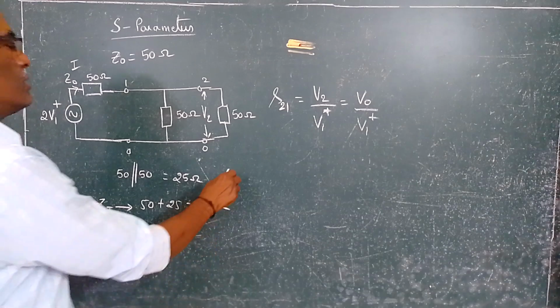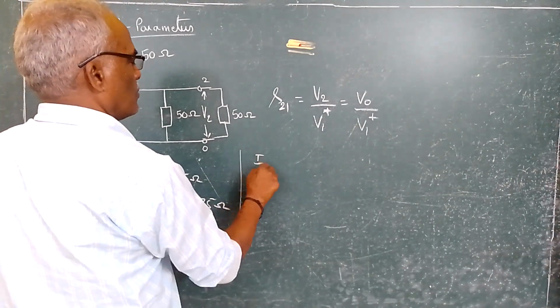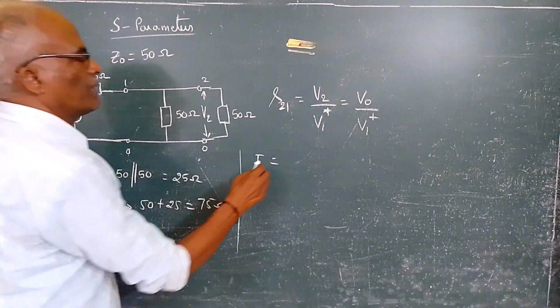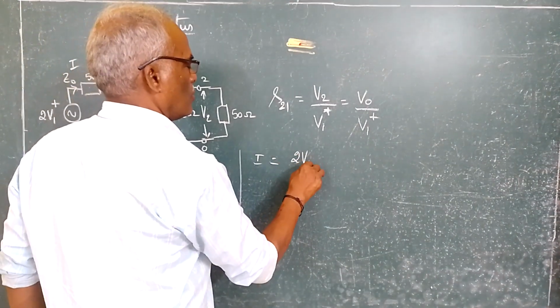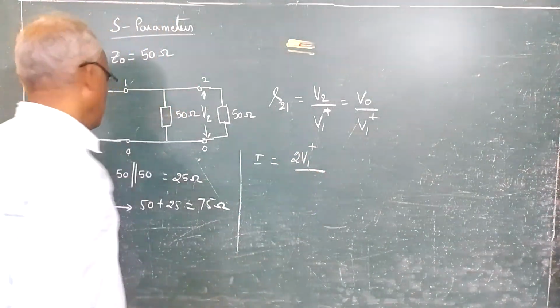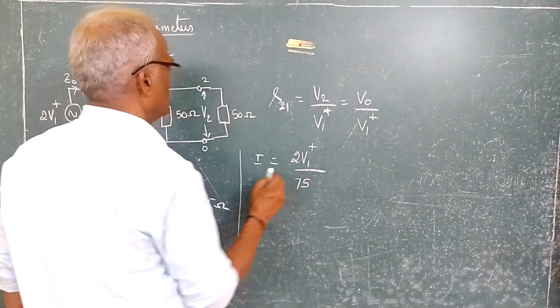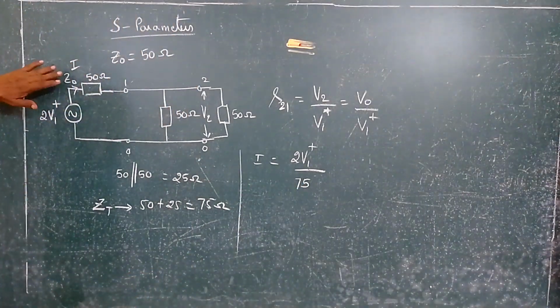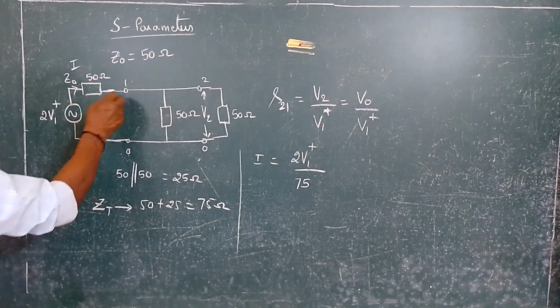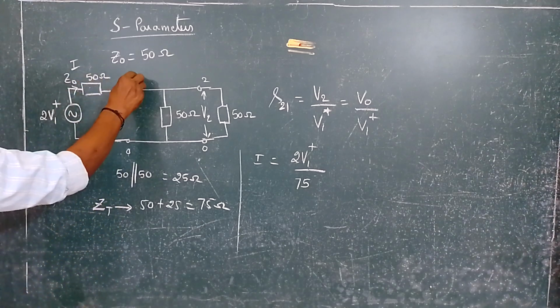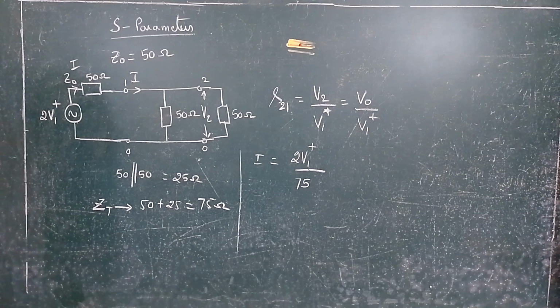So I is equal to the voltage from the source, 2V1 plus, divided by the total impedance of the circuit, which is 75. So this is the current coming here. The same current I will come here.